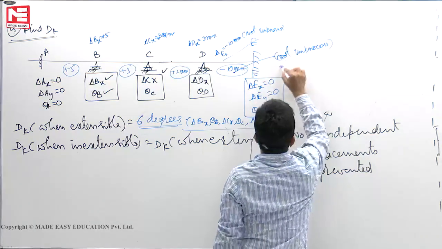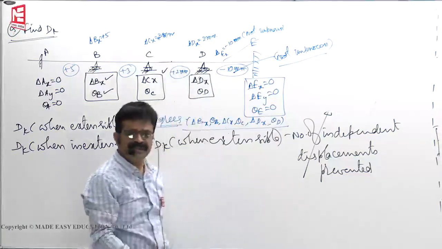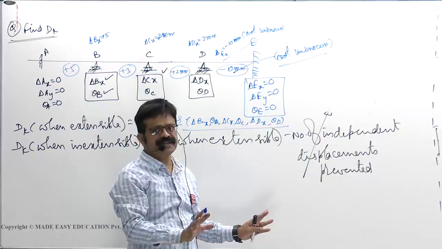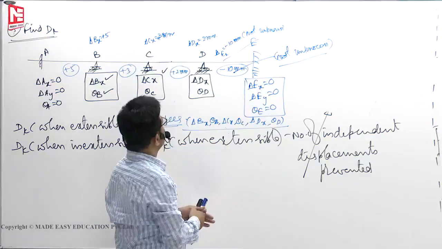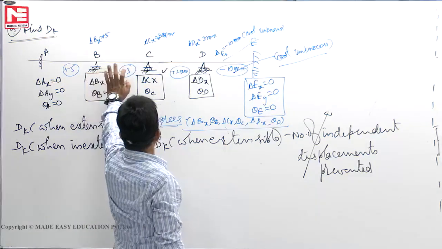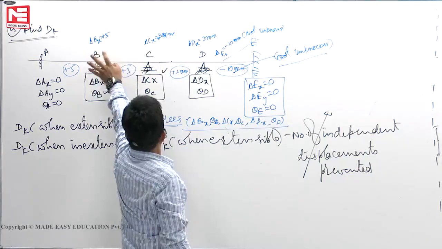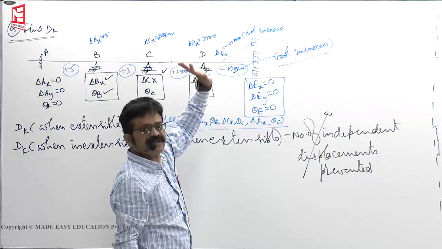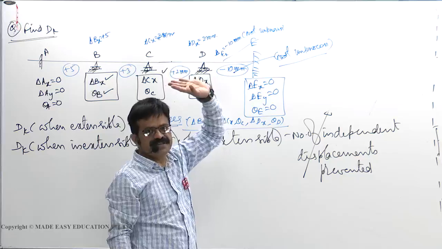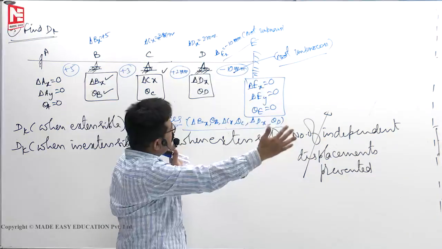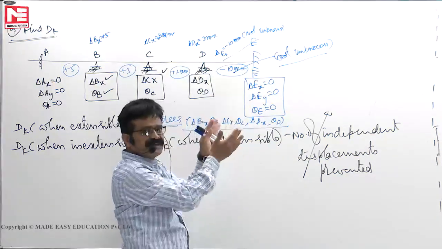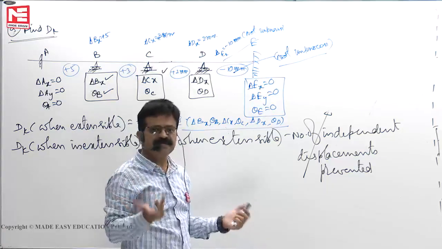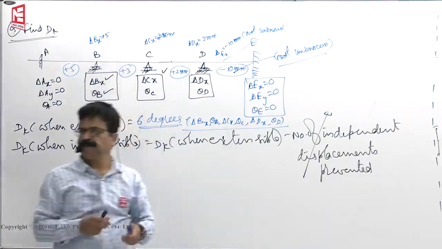Not unknown means it is not an independent displacement, it is a fixed quantity, it has to be minus 10 only. So that's why independent displacements means Bx, Cx, Dx only. Ex we will take as 0 itself. That means accordingly the contraction in the member DE, in the calculations it will come as minus 10 only.